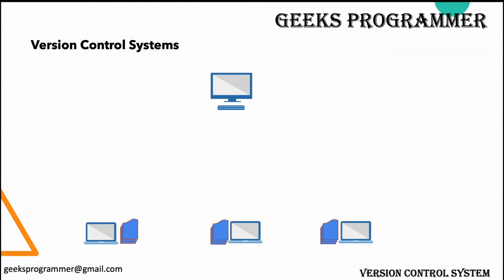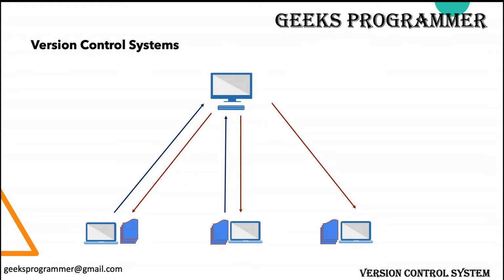I have a server where I maintain the code, and the first guy makes some changes and pushes them to the server, right? The second guy can pull those changes to their local repository, and when he makes some changes, he can push his changes to the central repository. The other developers can take those changes. So that's the high level.